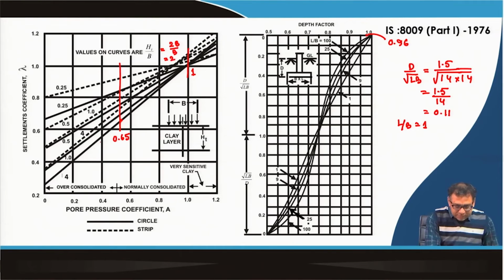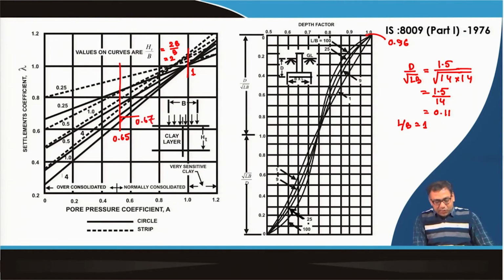So, 2 means this is 4, this is 1. Okay, so, that means this value will be somewhere here. So, this value we can say this is 0.6, this is 0.7, this will be around 0.67 or something. Okay. So, this is the range, but it can be in this area also, but here no information is given. So, that is why I have taken the lower range.